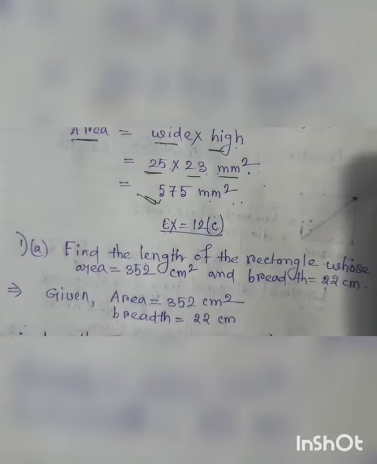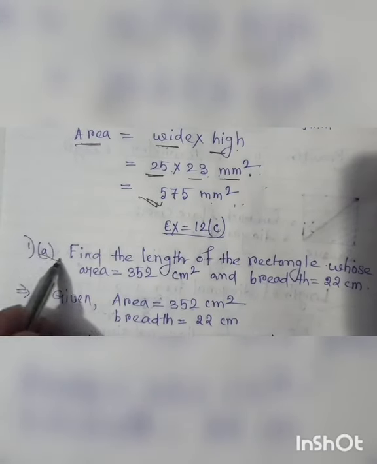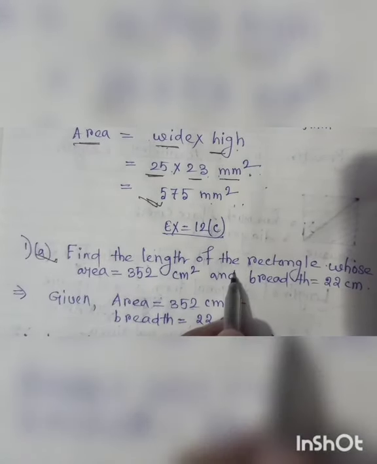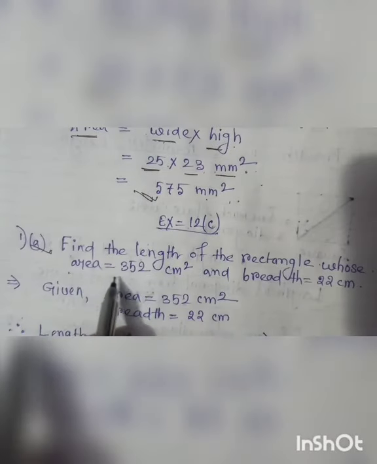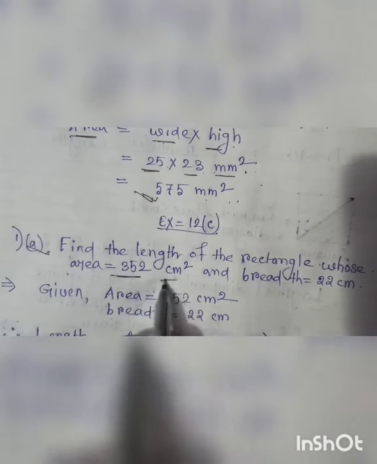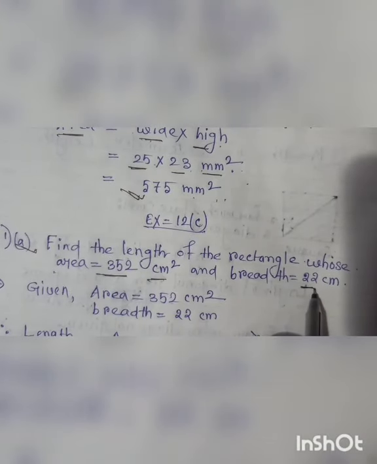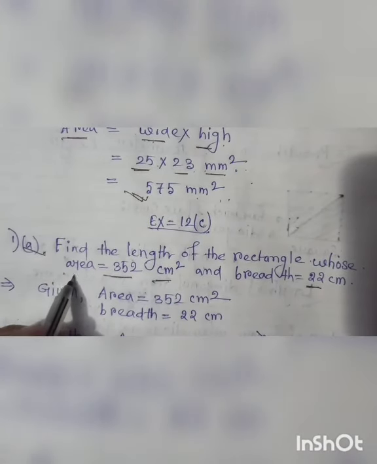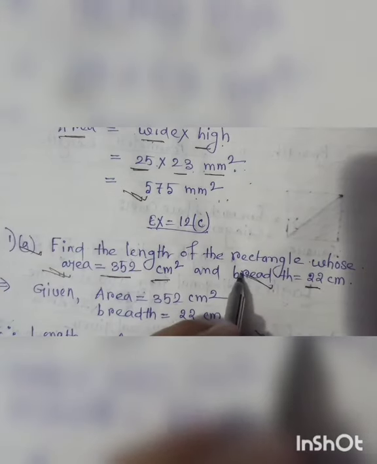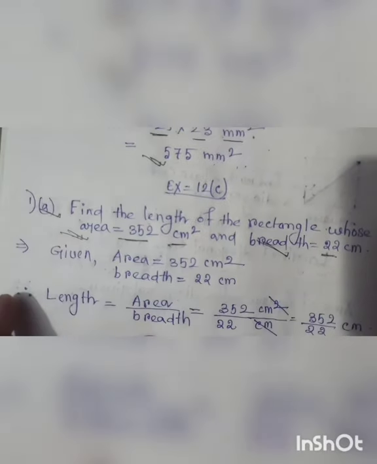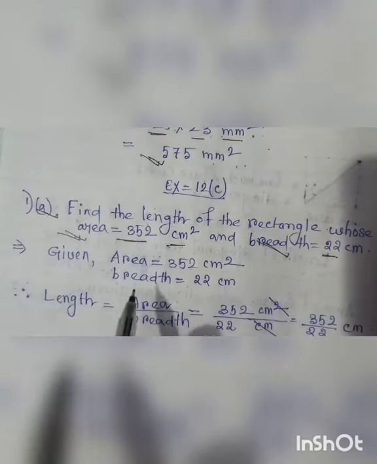Problem from exercise 12C, 1A. Find the length of a rectangle whose area is 352 cm square and breadth is 22 cm. That is, area of the rectangle is given and breadth is given. We have to find the other dimension, that is length.